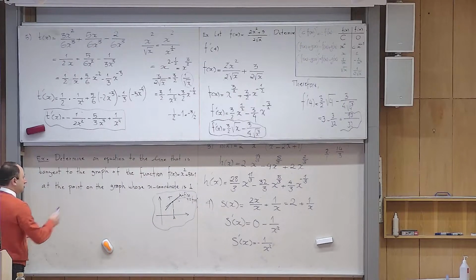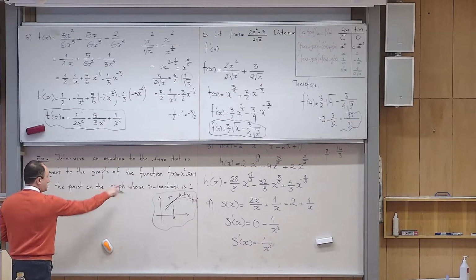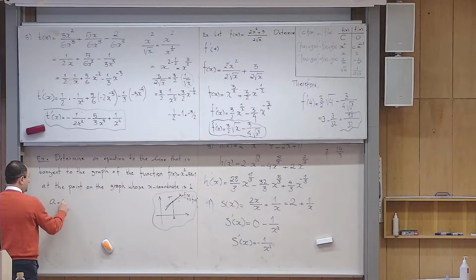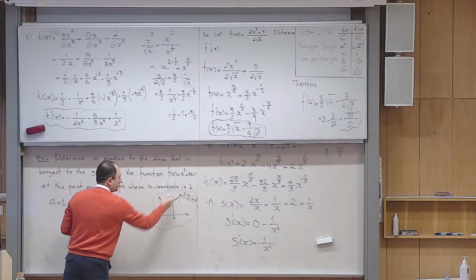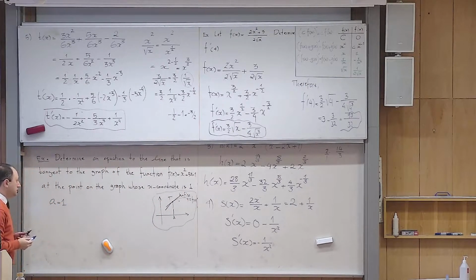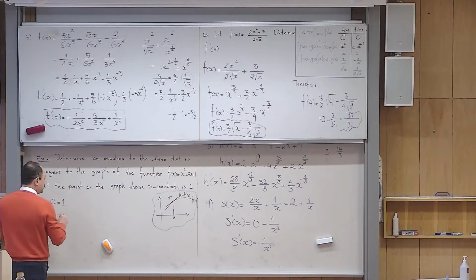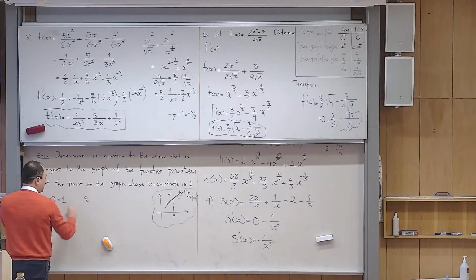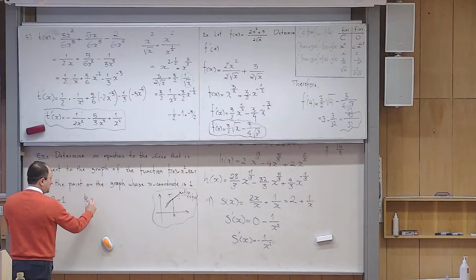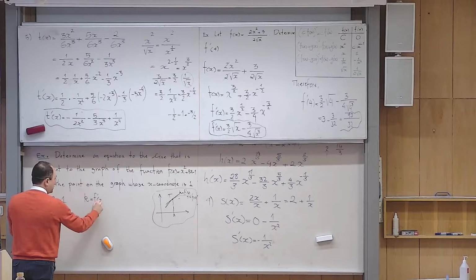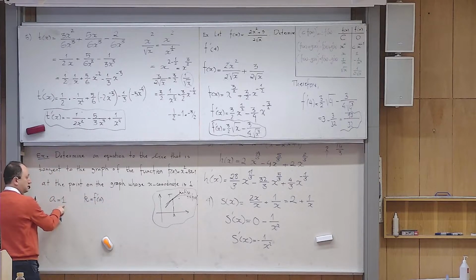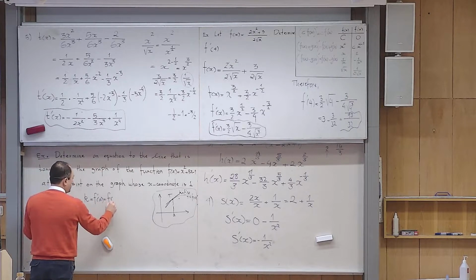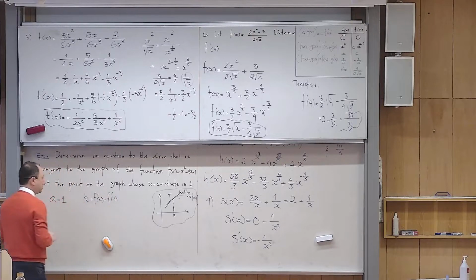So here a is 1 in this problem. A is given to you to be 1, the x-coordinate of the point of tangency. And then I will calculate f prime of x. My goal is to calculate the k value. According to this picture, k value is f prime of a. But a in this problem is 1, so I have to calculate f prime of 1.